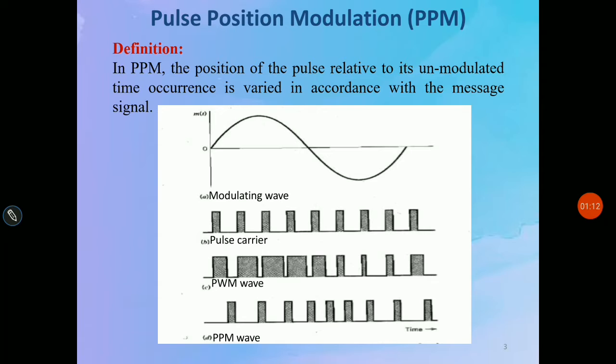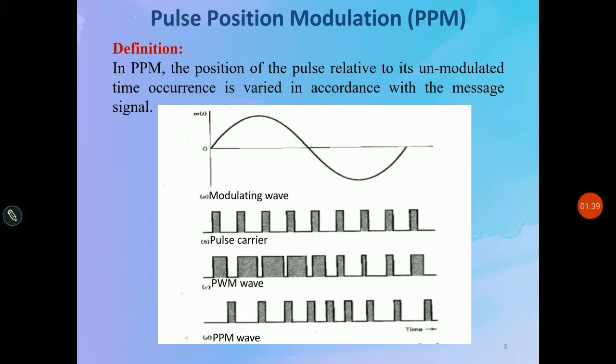PPM is a pulse modulation in which the position of the pulse, relative to its unmodulated time occurrence, is varied in accordance with the instantaneous value of the message signal. We see that in PAM, amplitude is varied with the instantaneous value of the modulating signal.